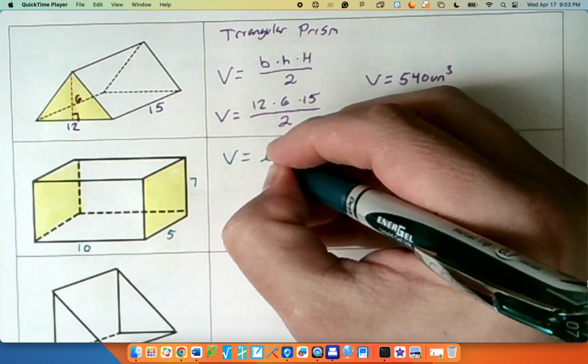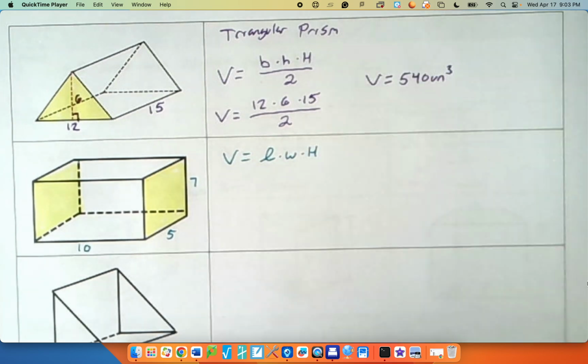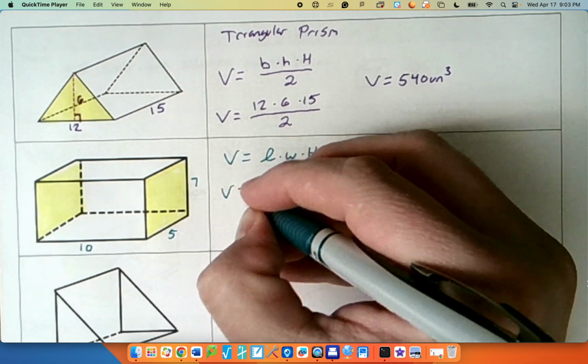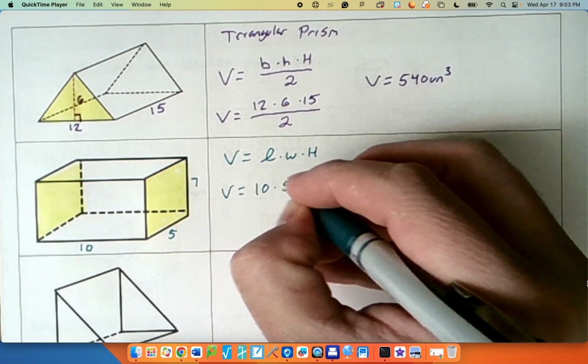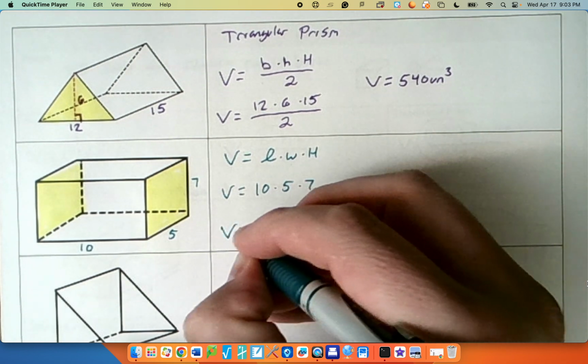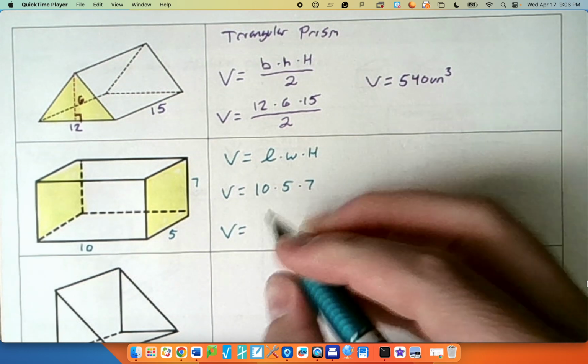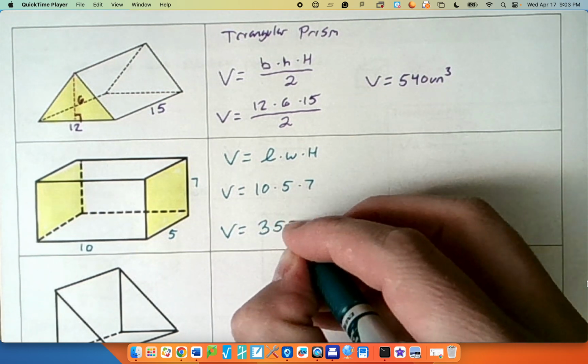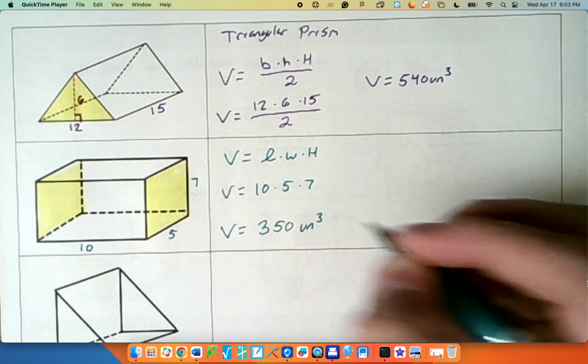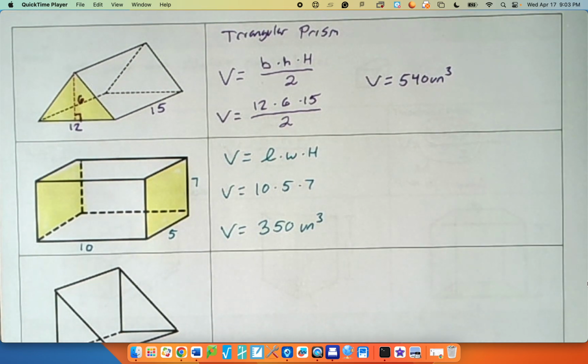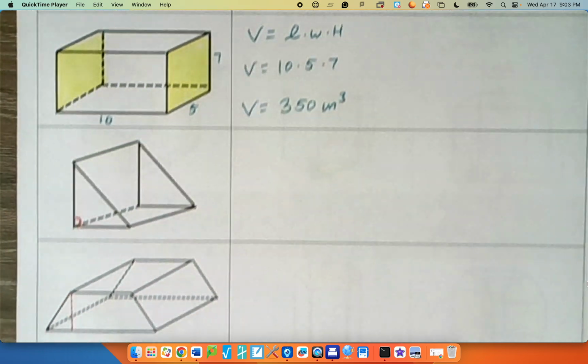Volume equals length times width times height. So I have 10 times 5 times 7. 10 times 5 is 50. 50 times 7 is 350 units cubed worth of volume.